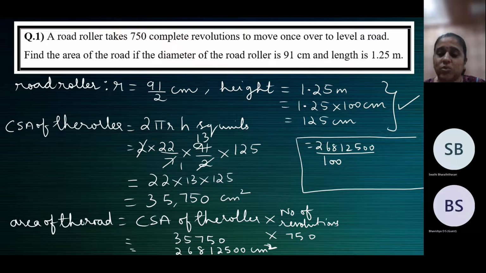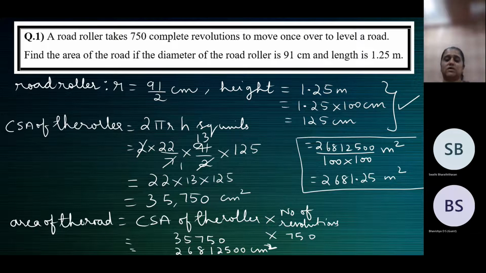To convert centimeter square to meter square, you divide by 100 two times. So 2 zeros and 2 zeros get cancelled. So the answer is 2681.25 meters square. This is the area of the road. You place a decimal point here.